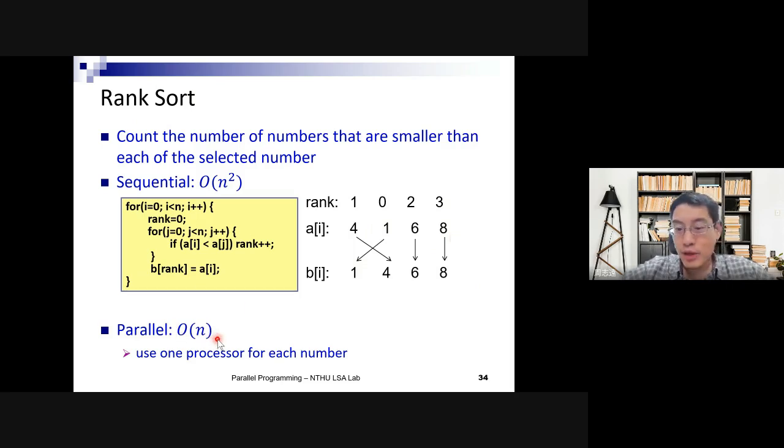It's very simple to implement, as you can imagine. And you can see the complexity is not bad at all. It's actually the same as the merge sort we just talked about. But this one can be implemented much more easily, and probably involves less communication or synchronization overhead. So the actual runtime for the parallel rank sort might be even better than the merge sort.